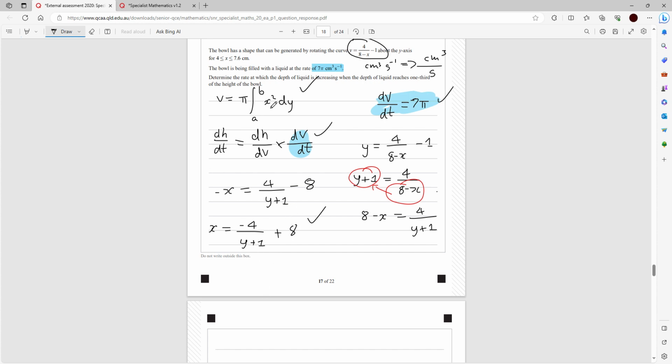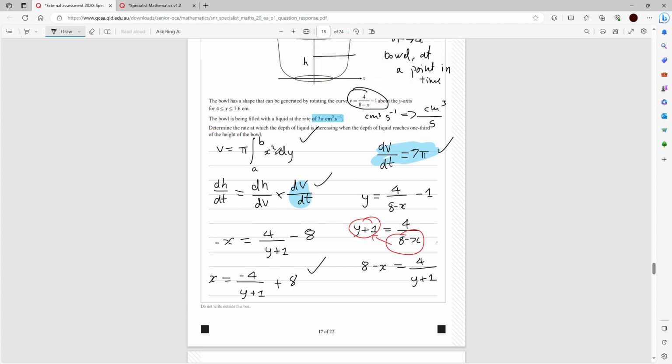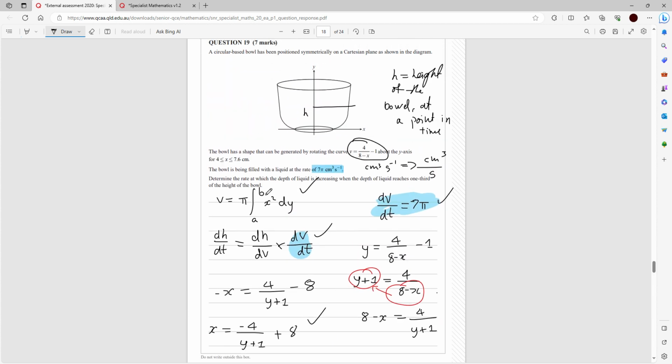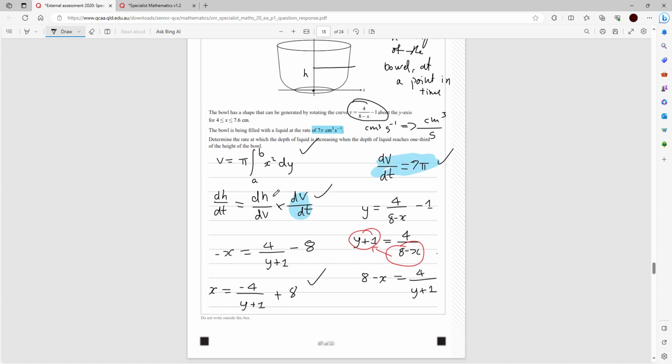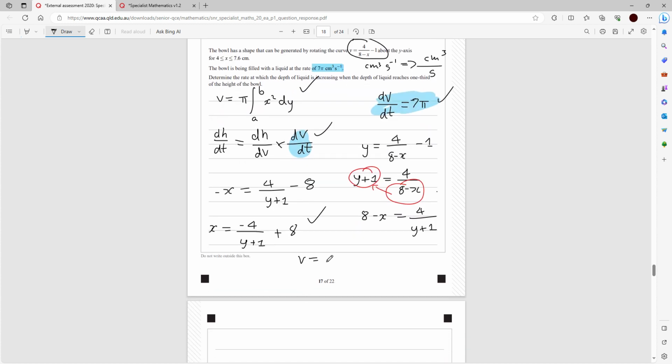Okay, we're going to chuck it into here now. And now our bounds, your A and B are heights. So we want to put it in terms of a variable h. We'll just label it h, but your A will be 0 and your B will be h. So your volume integral will be pi from 0 to h of x squared, so this whole thing squared, dy.